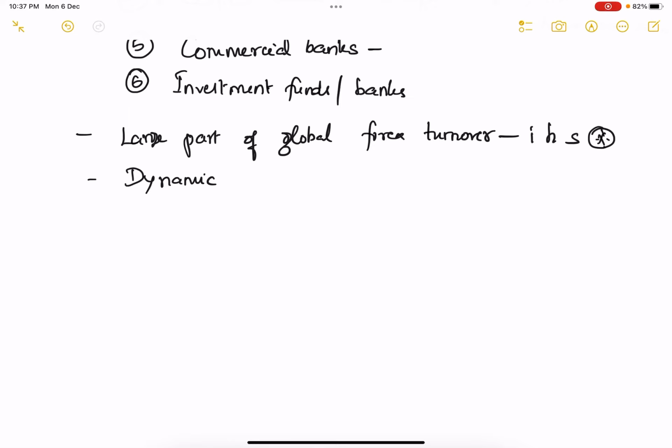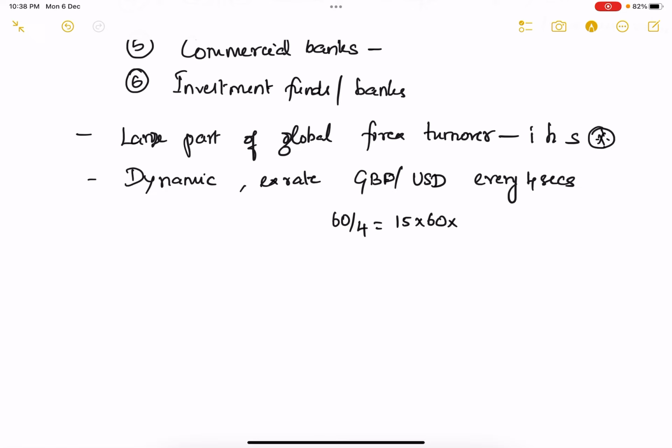On an average, exchange rate of major currencies, that is British pound and USD, fluctuate every 4 seconds. Thereby for an hour 900, and thereby for a day totally there are 21,600 changes in a day.